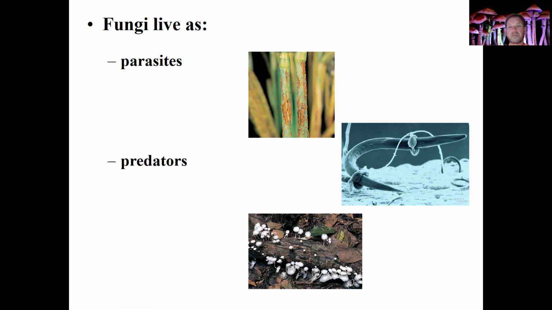They can even be predators, not in the sense of an animal predator, but they will ensnare nematodes, and through junctions with the nematode called haustoria, the nematode will eventually die and the fungus will eat the nematode.